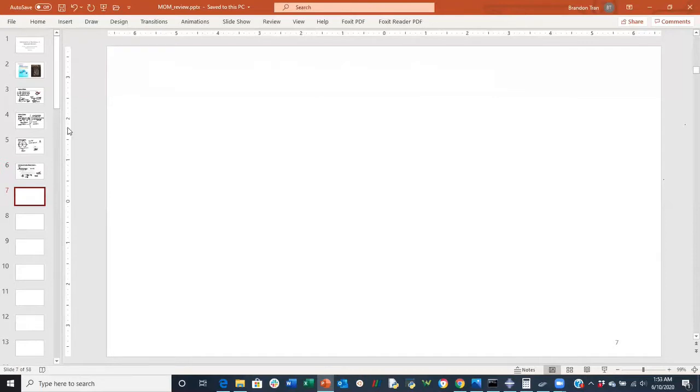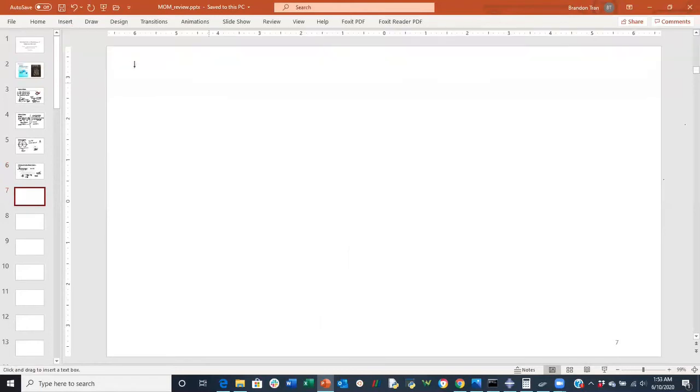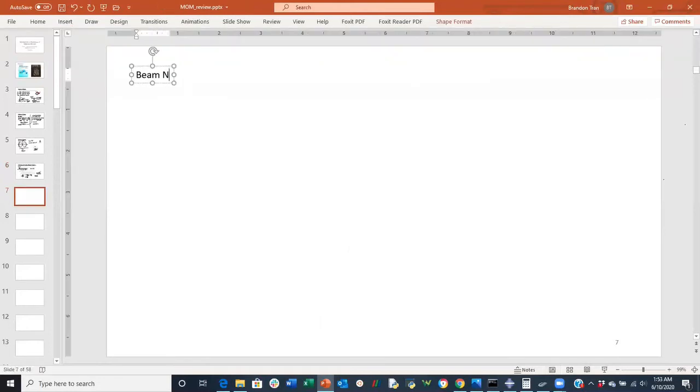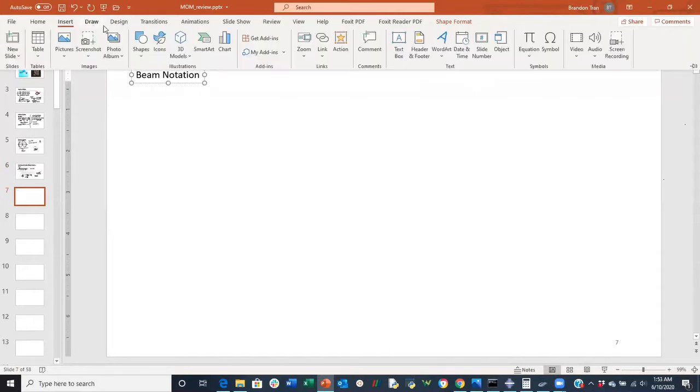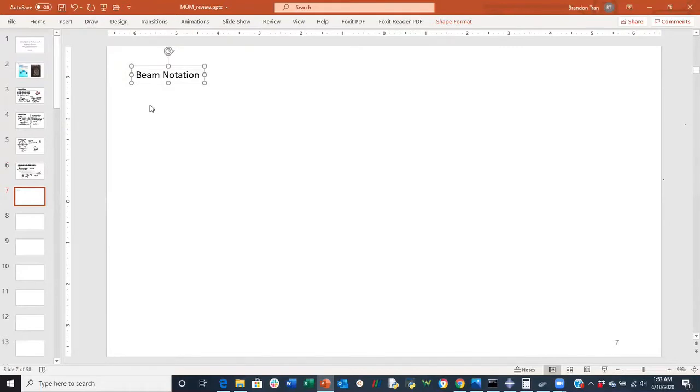So the general notation from beam theory, let me just go ahead and draw another arbitrary beam again.